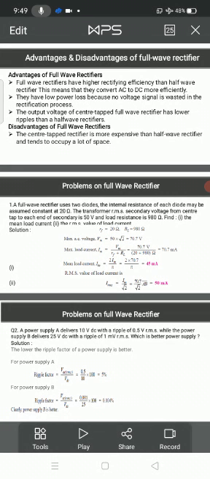Now I will discuss the advantages of full wave rectifiers. In the first point, full wave rectifiers have higher rectifying efficiency than half wave rectifiers. This is the most important point.